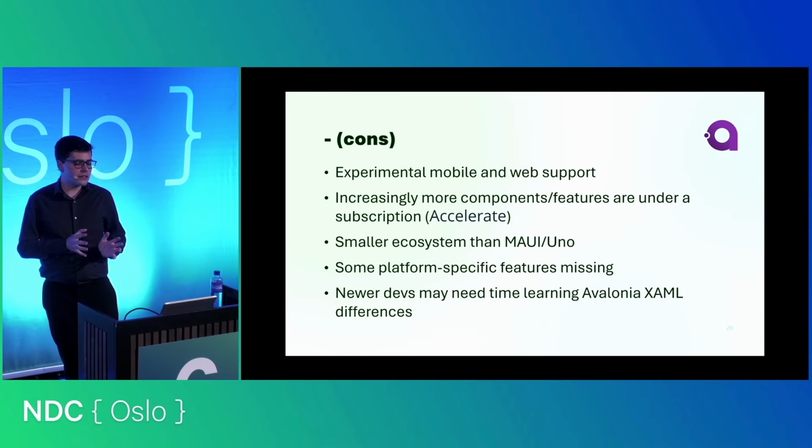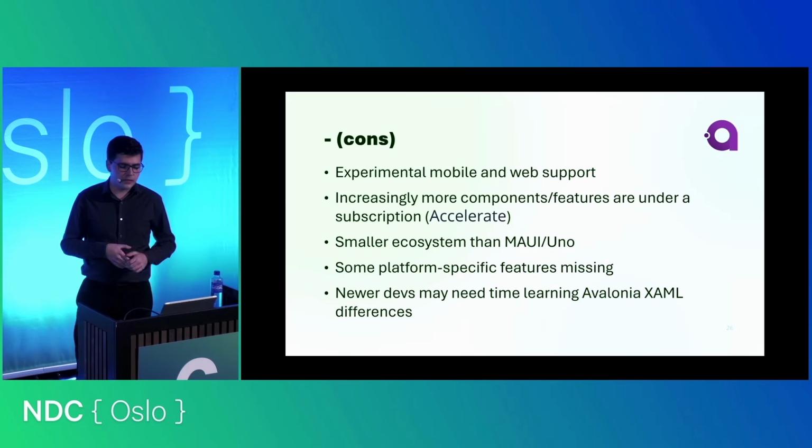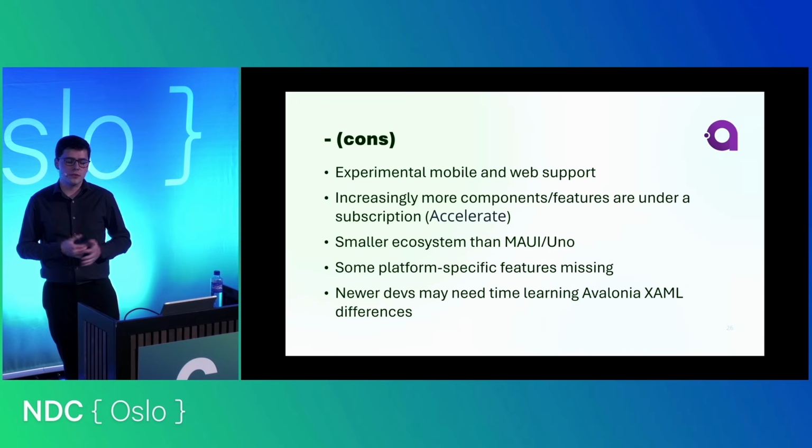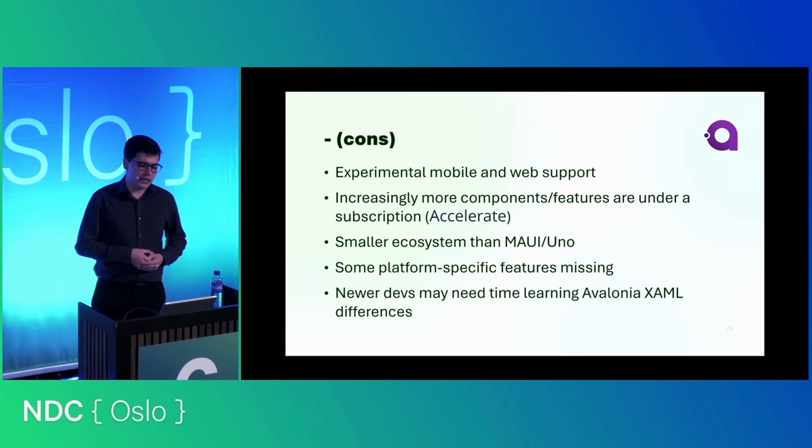What I found is that there are increasingly more components or features which are under a subscription, which they call Accelerate. I'll show it in a little bit. They are adding more controls, which is nice, but they are being added inside of the Accelerate subscription, which is something that you have to account for when you're creating your application.